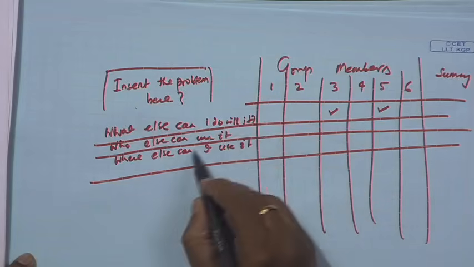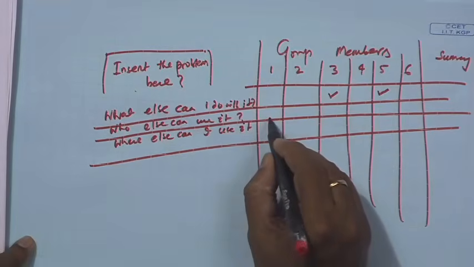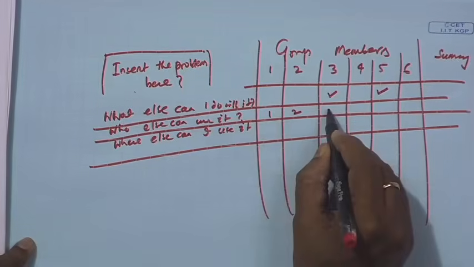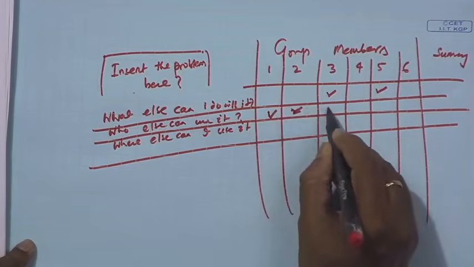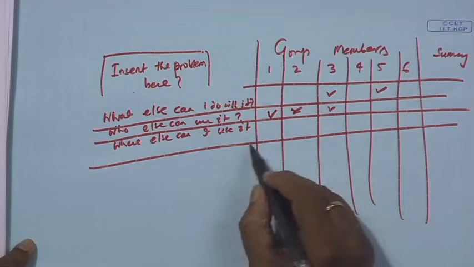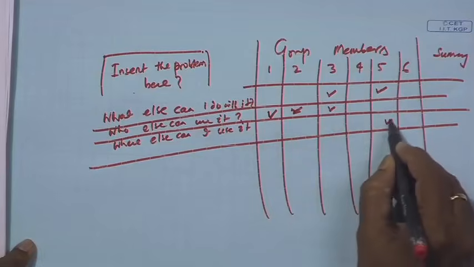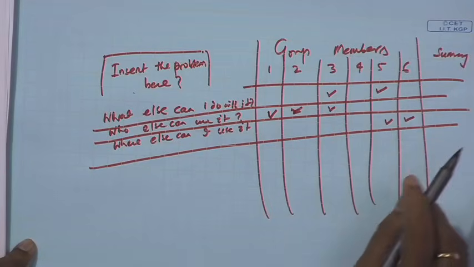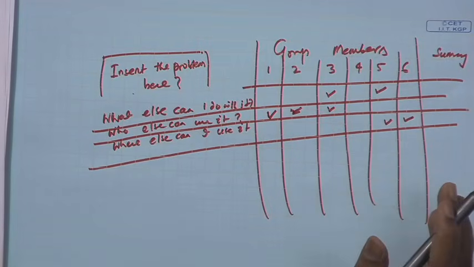Who else can use it? It may be the first and second person or the third person giving the reply. Where else can I use it? The 5th and 6th may reply. Like that you can tag also when else can I use it, how else can I use it.